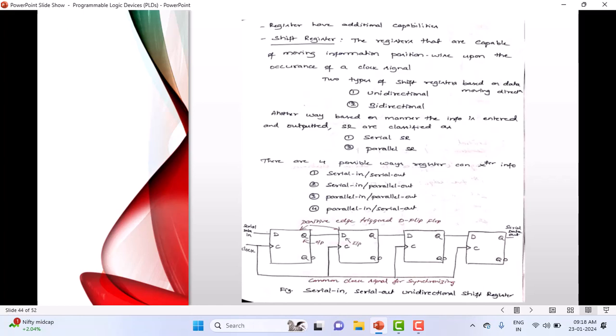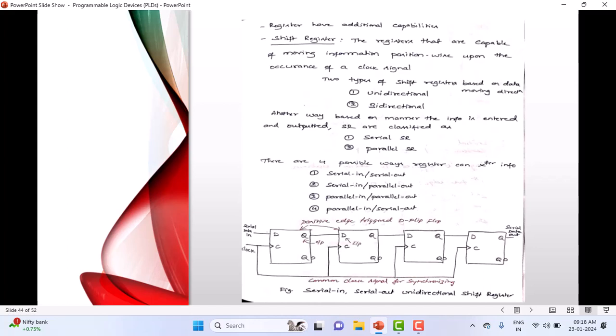Simple way we can show that like this. This is moved to the next state, this is ignored. Same way here also. This is moved to the next state, this is ignored. That's what a D flip-flop will do. Just the opposite of what a T flip-flop will do.